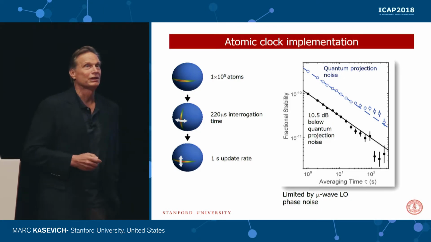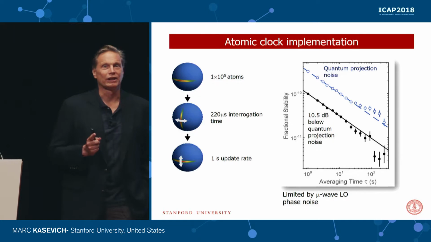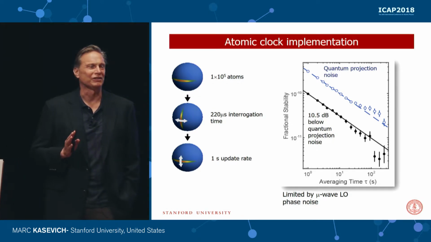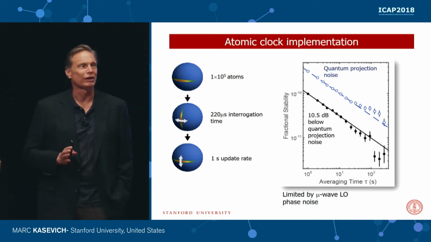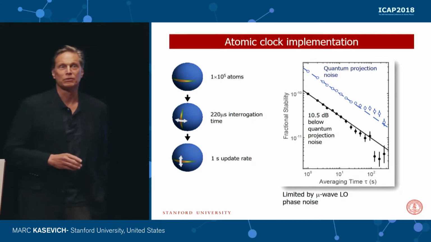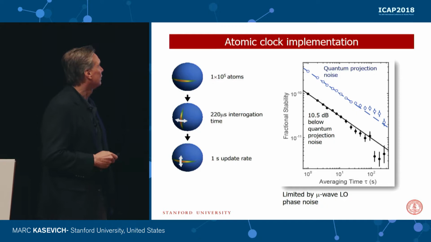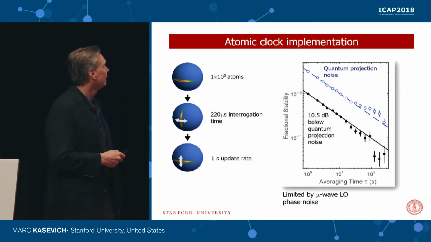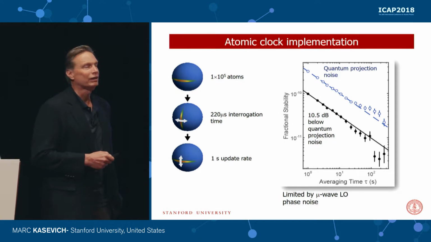This data was limited in two ways. First, we had a somewhat less than state-of-the-art local oscillator for the microwaves that limited the phase noise performance of the clock, the squeezing, to 10.5 dB rather than closer to 20 dB that the squeezed state indicated we would have.